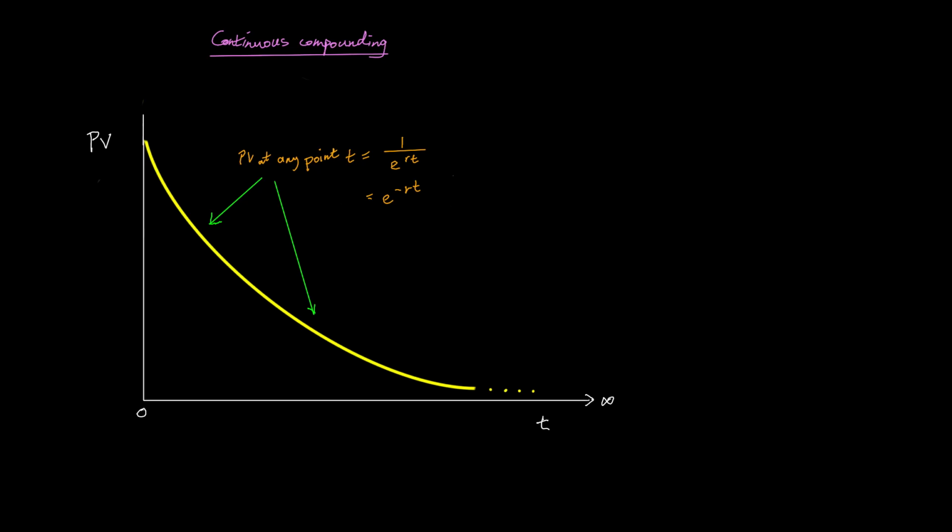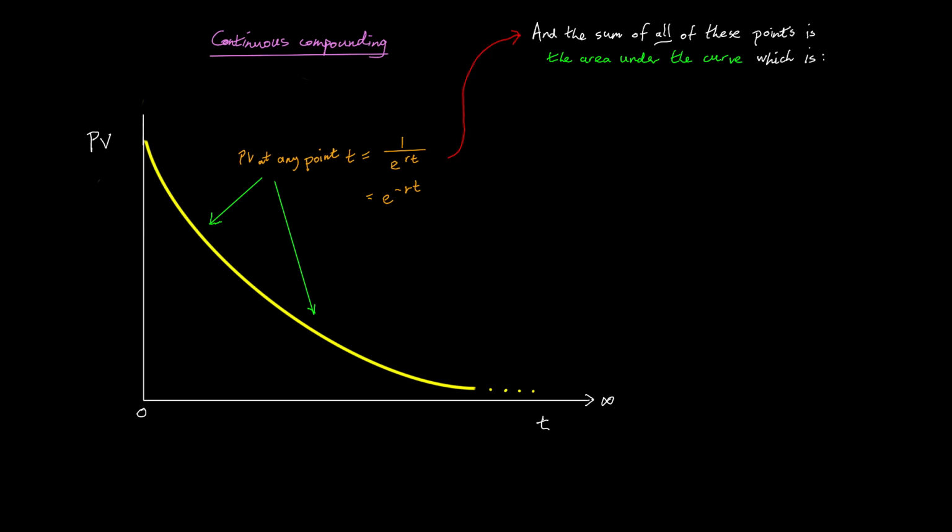And what is really interesting about this is that the present value of that continual flow of cash arriving in our example at the rate of $1 per year, but arriving continuously, is represented by the area under the curve. And we can solve for that particular area using a little bit of calculus.